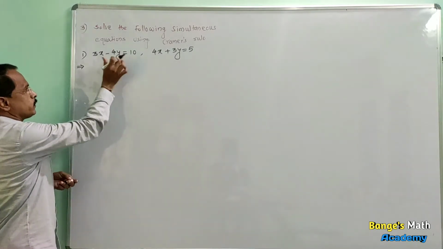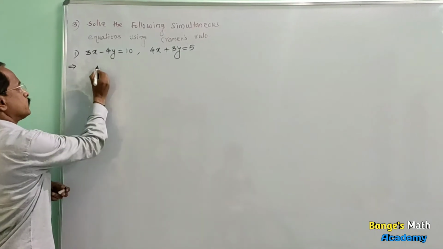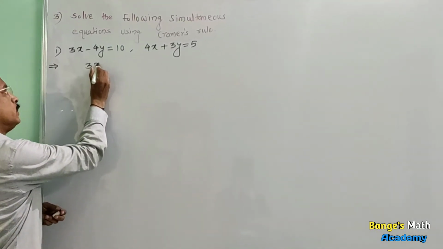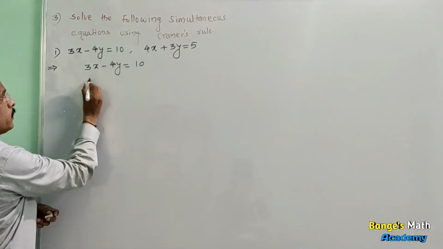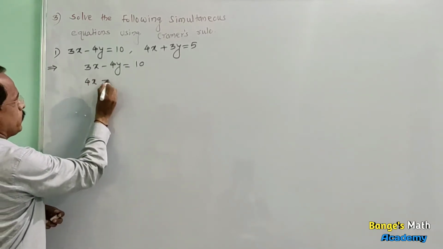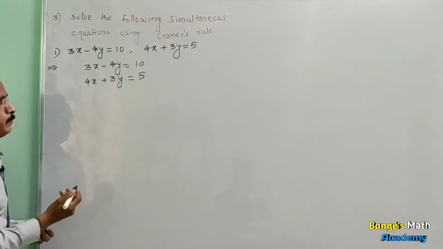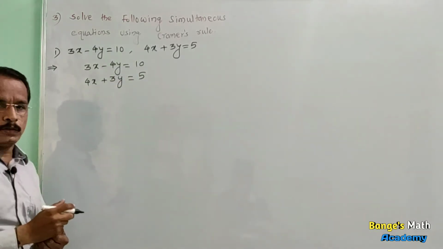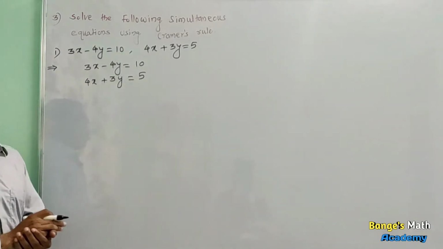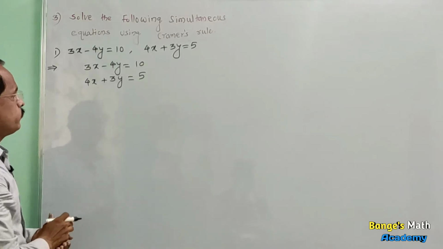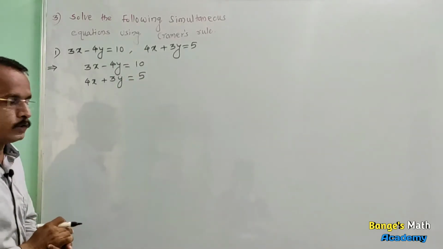First of all, write down the given equations in standard form. 3x minus 4y is equal to 10, and the second equation, 4x plus 3y is equal to 5. Compare this with the standard form a1x plus b1y is equal to c1 and a2x plus b2y is equal to c2.